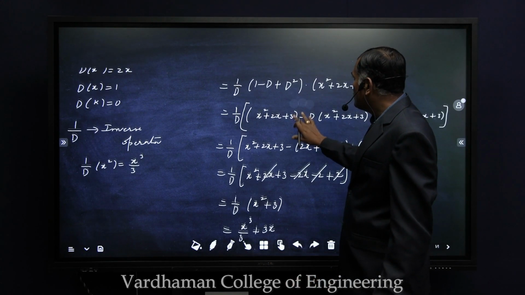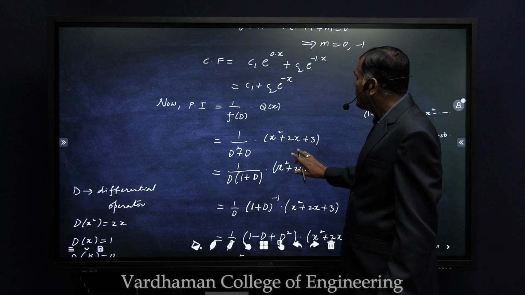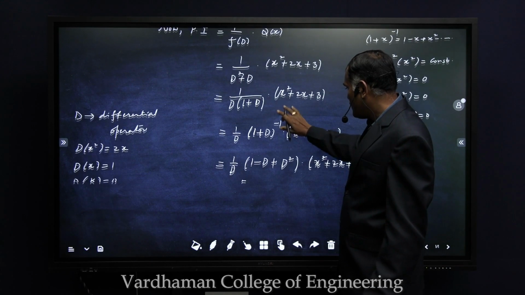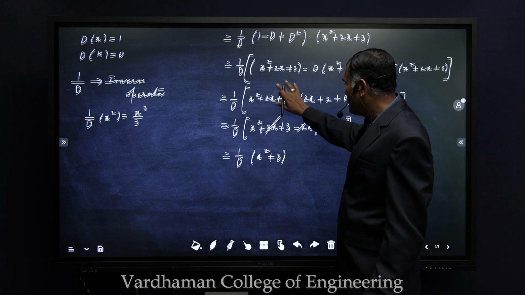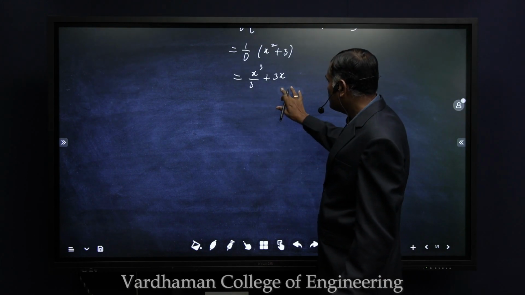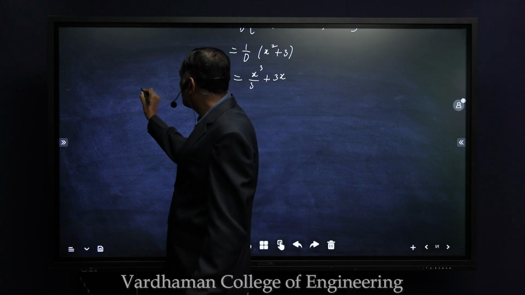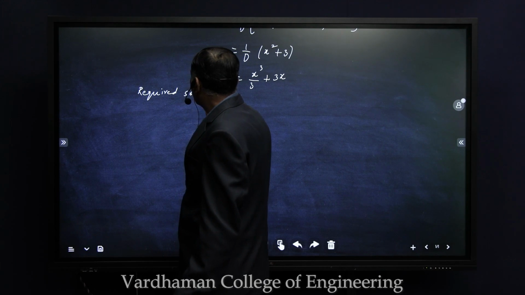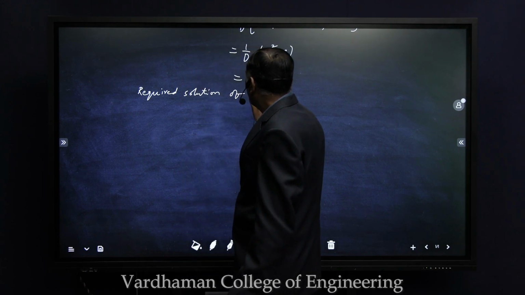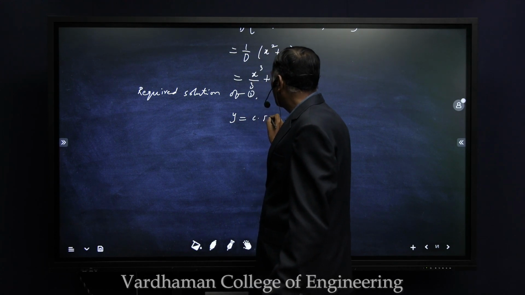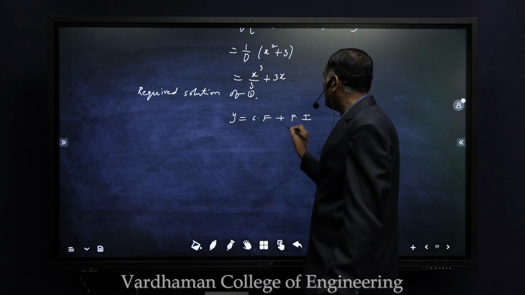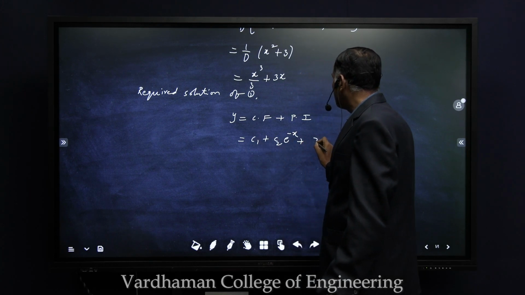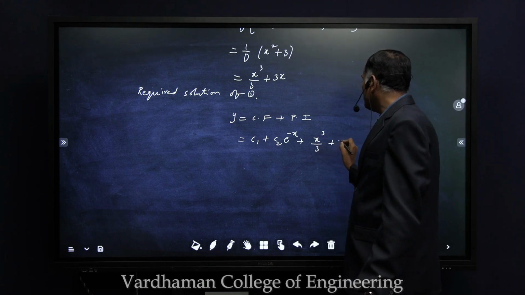Now what is the complementary function in this case? The complementary function is given by (c1 plus c2 x) e power minus x. The required solution is complementary function plus particular integral: (c1 plus c2 x) e power minus x plus the particular integral x cube by 3 plus 3x.